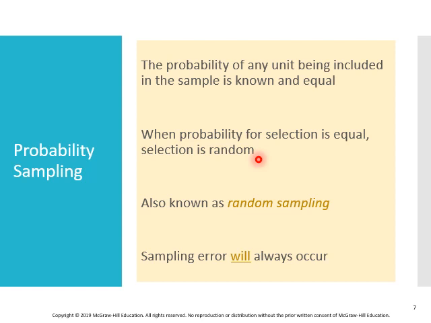So for example, let's say I have a jar, and in the jar I have golf balls of various colors. So I have red, I have green, I have blue. Okay, and let's say all the golf balls in that jar, between the red, blue, and green balls, there is an equal number.